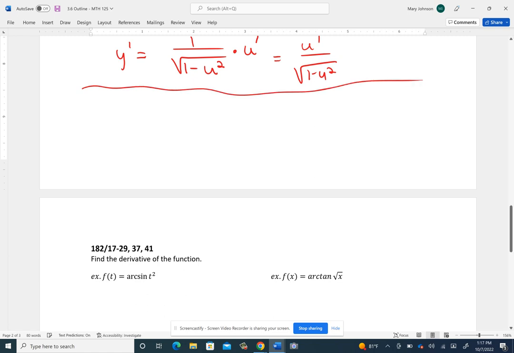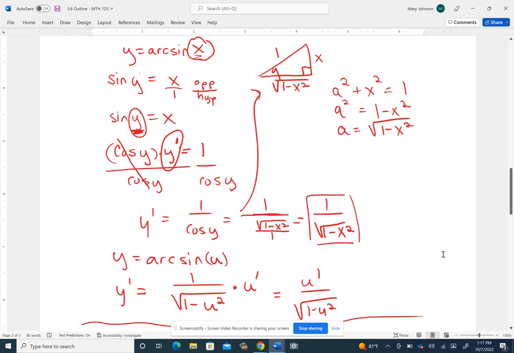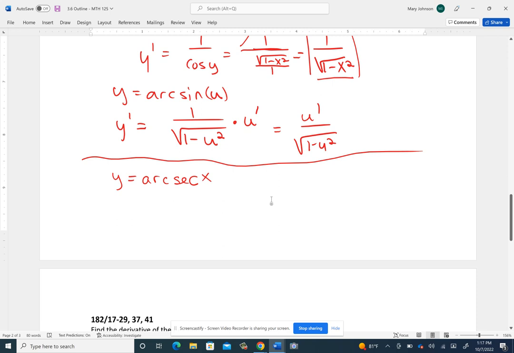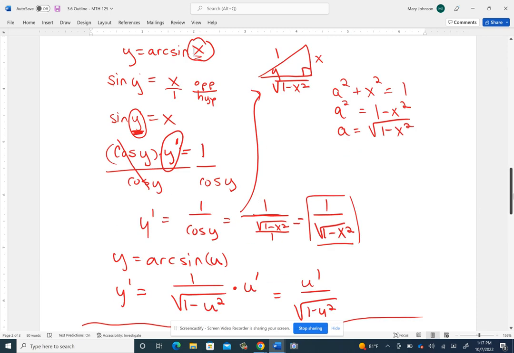So let's say we want to prove why the formula for the derivative of arc secant turns out the way it does. Okay, so for that one, I would want to change that in my mind into one of the normal trig functions.